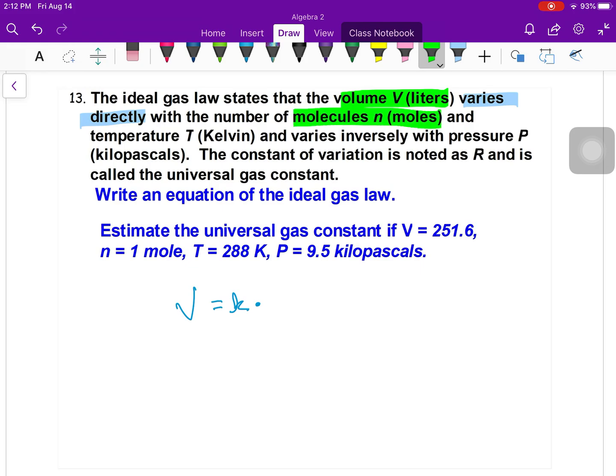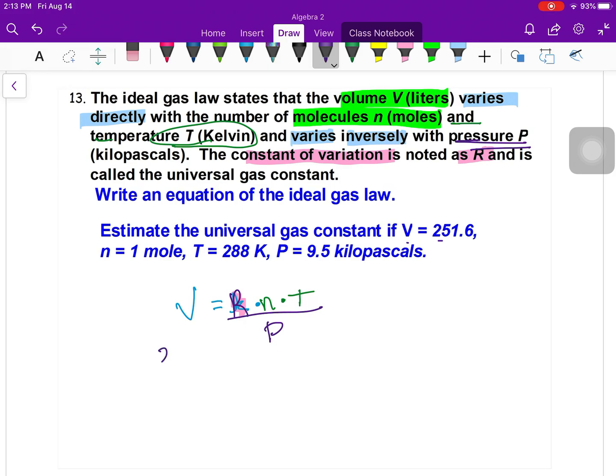With the number of molecules N and temperature T, and varies inversely, which means to divide by pressure P. It says the constant of variation is R. So I'm going to replace this k with a capital R. Write your equation. So there's my model to substitute in.